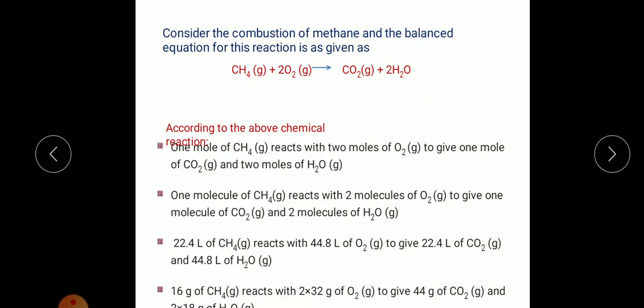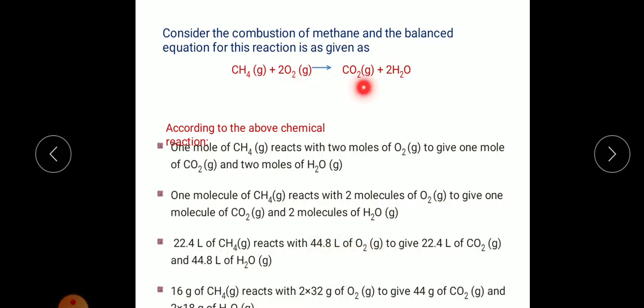Similarly, since these are gases, 22.4 liters of methane reacts with 44.8 liters of oxygen. So in terms of volume, since it is 1 mole, and 1 mole of any gas at STP occupies 22.4 liters, as we know, and since here we have 2 moles, it becomes double, 44.8 liters.